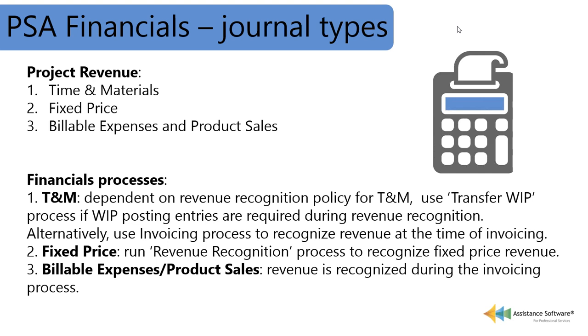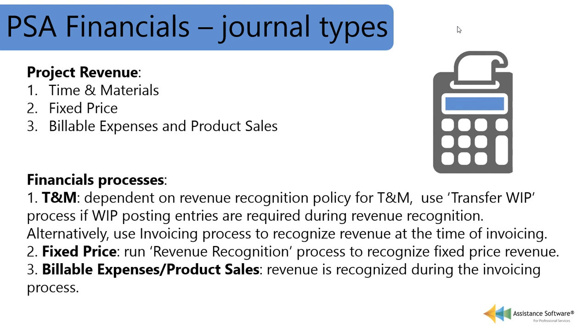On the revenue side, we have really three main categories of revenue: time and materials, fixed price, and billable expenses and product sales. The financials process for time and materials is really dependent upon your revenue recognition policy.